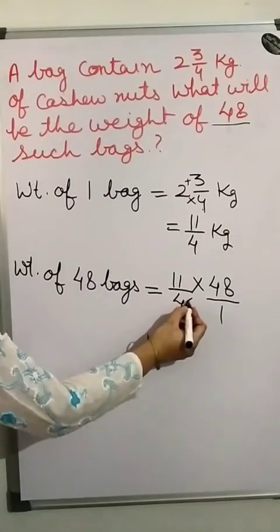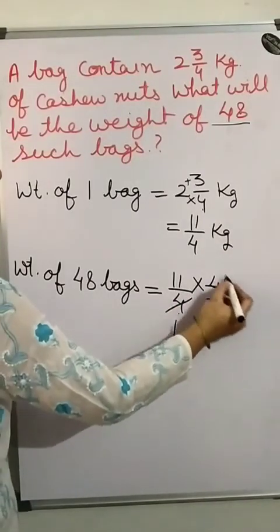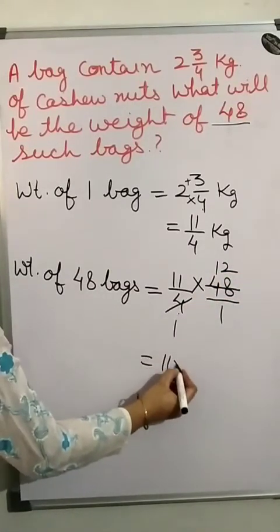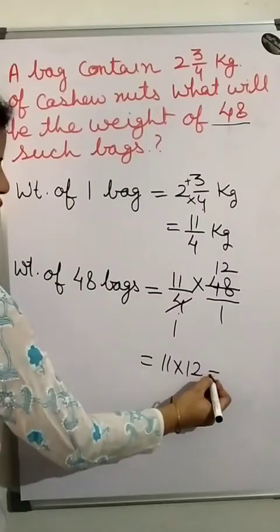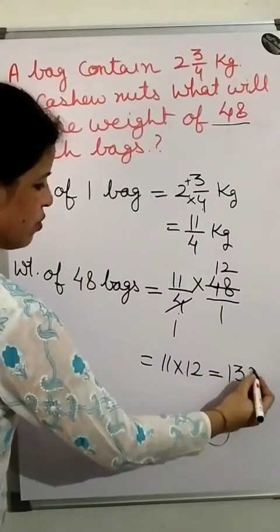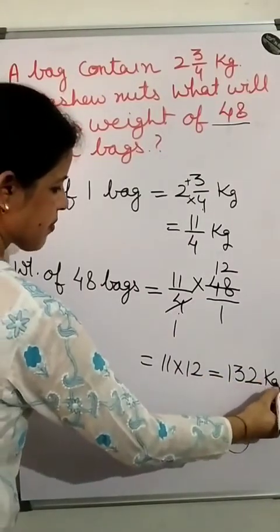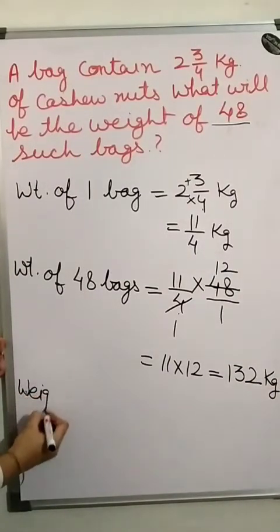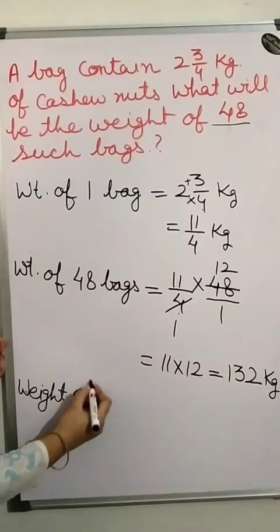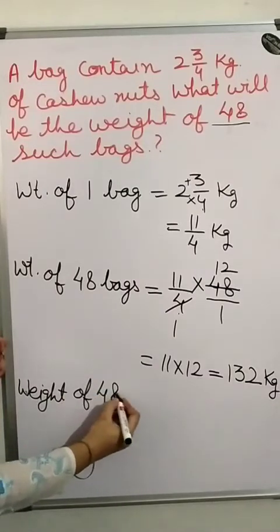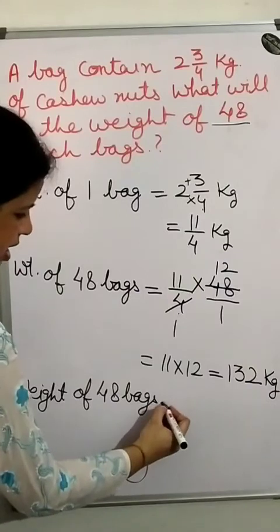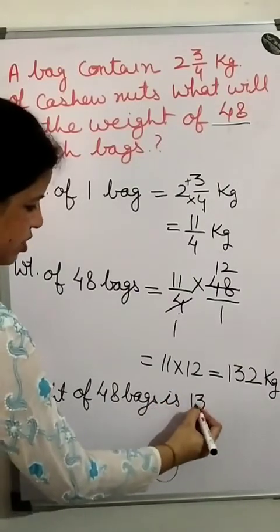So we can cut 4, 1 and it is equivalent to 12. So 11 into 12 is equivalent to what? 132 kg. So we write weight of 48 bags is 132 kg.